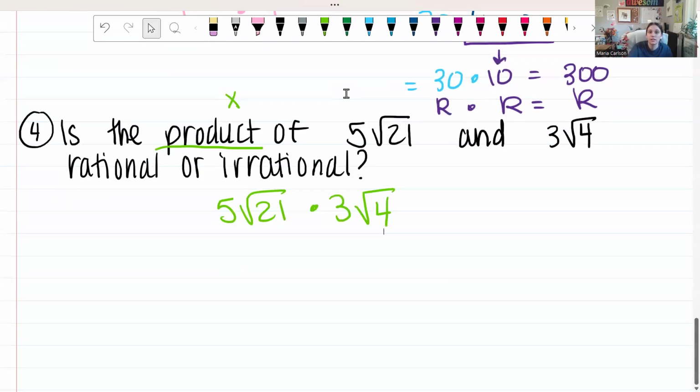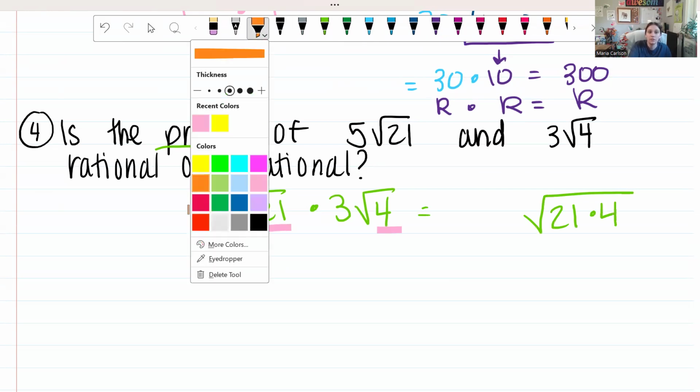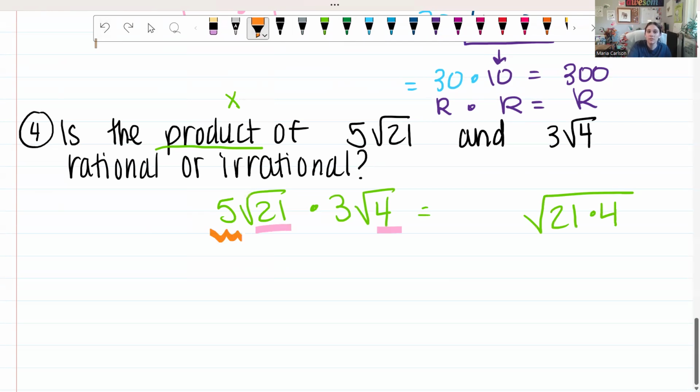And if we're multiplying these two radicals together, we're going to start by multiplying those inside numbers together. So this is the same thing as 21 times 4 underneath our radical. And then outside the radical, I will have 5 times 3. And 5 times 3, of course, is 15.